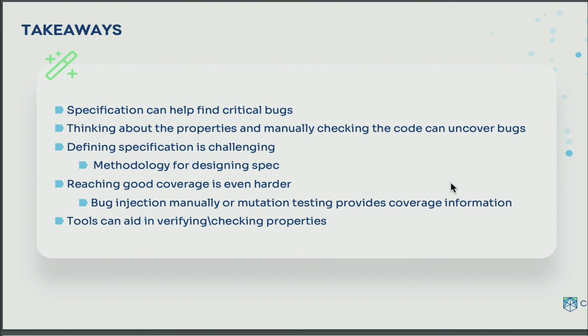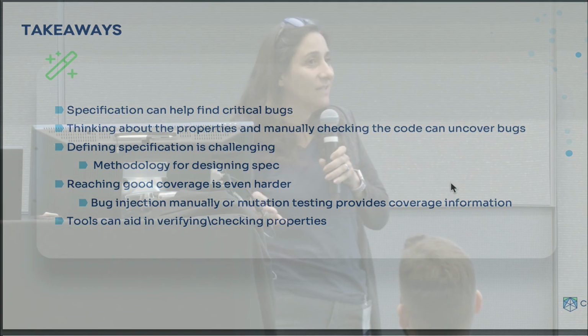As we all know, defining the specification is challenging, and our testing is only as good as our specification. But I think what we have seen today is a methodology for designing those specs, taking the time step by step and not just asking, okay, what are my ideas? There's a way to actually do it very methodically.